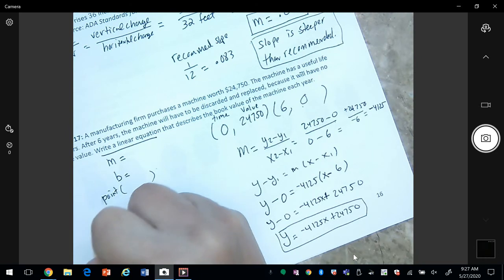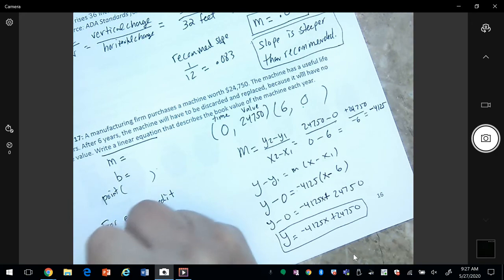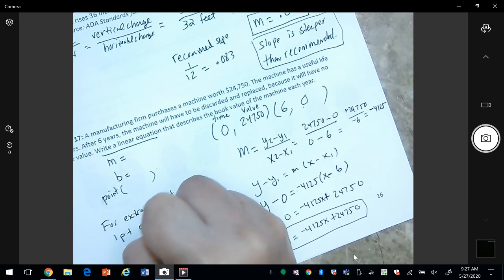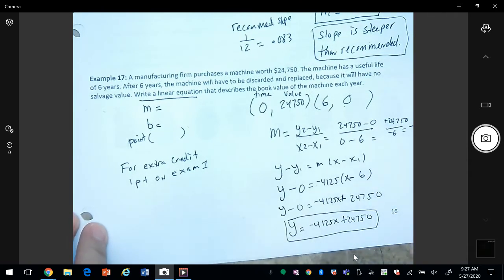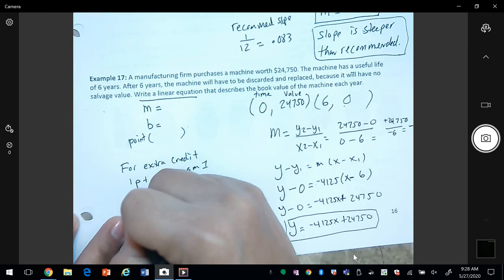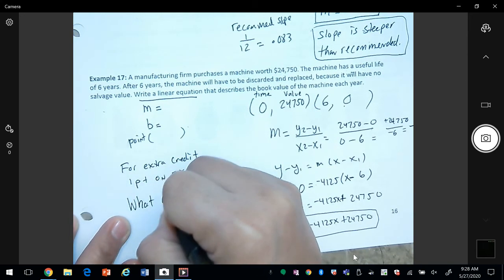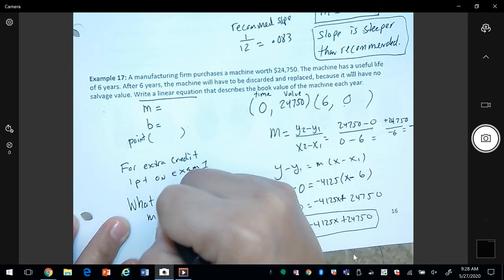For extra credit, just 1 point on exam 1. We've been talking a lot about slope. So for slope, they use the letter M. So basically, what does the letter M stand for?